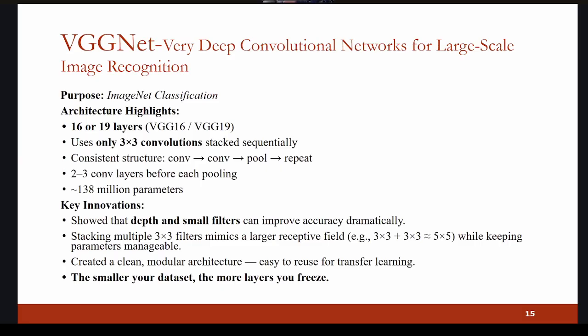Fine tuning is nothing but freezing the first few convolution layers of this VGG architecture. That means you are not going to change the model parameters which are learned in the basic layers of your VGGNet.